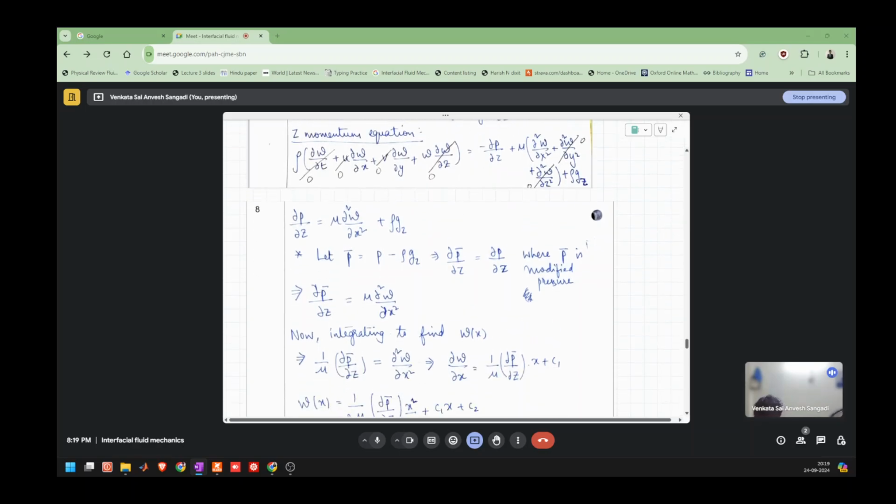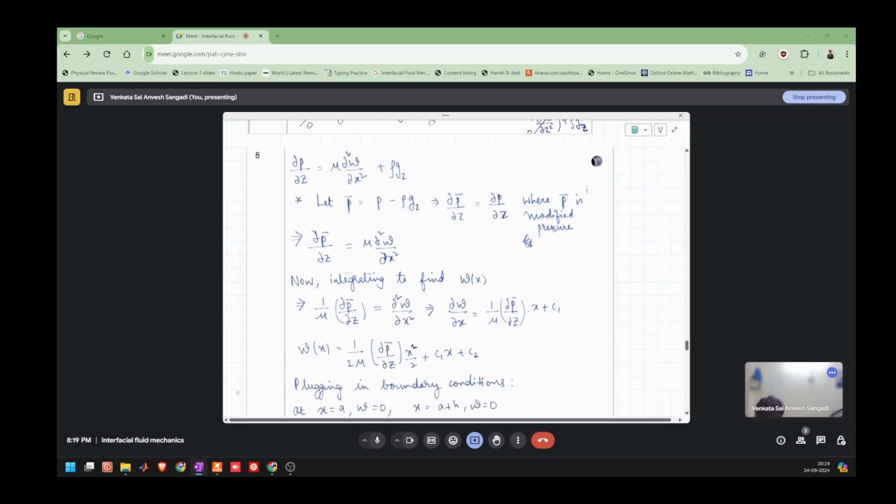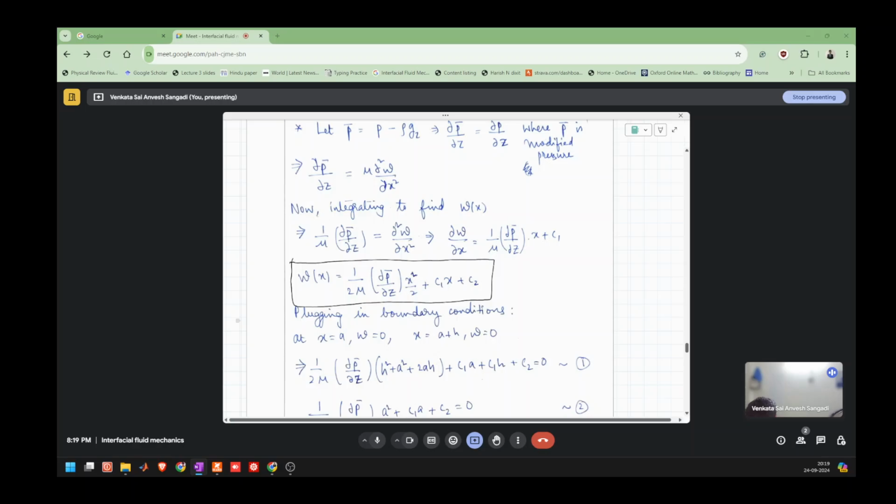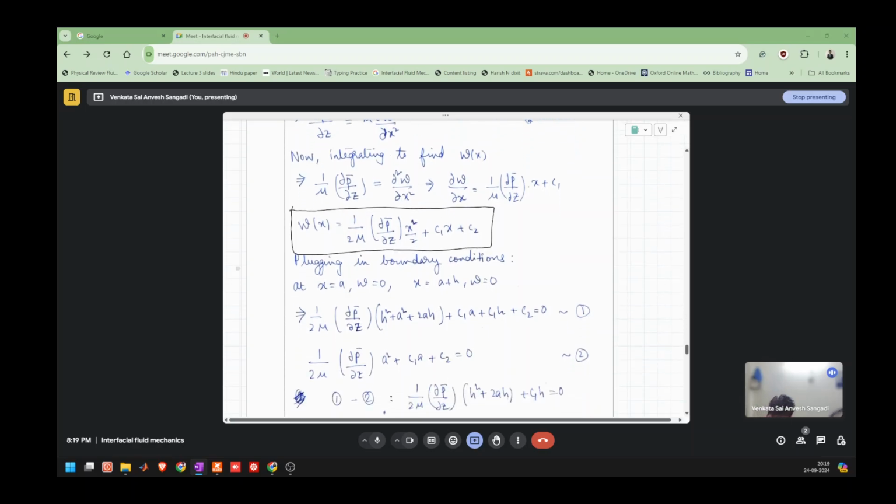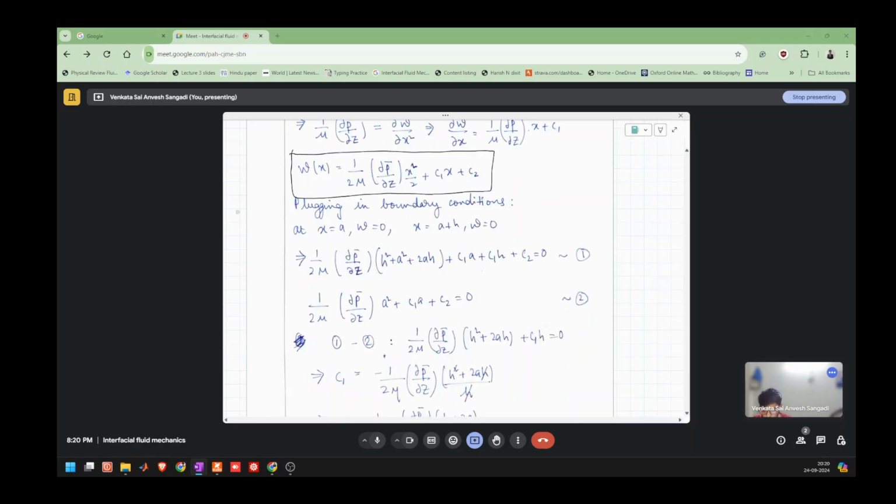Subsequently, if we write down the equations like previously, we can reach the point till here, same as shown before. The only difference being C1 and C2 need to be found out using the new boundary conditions, that is at x equal to a, w is equal to 0, and at x equal to a plus h, w again goes to 0.